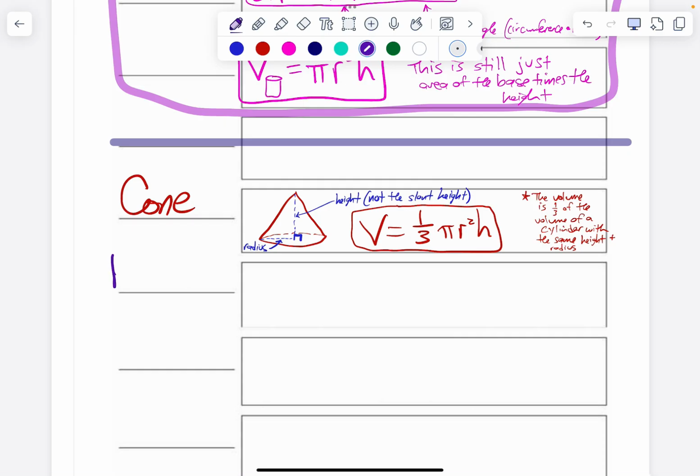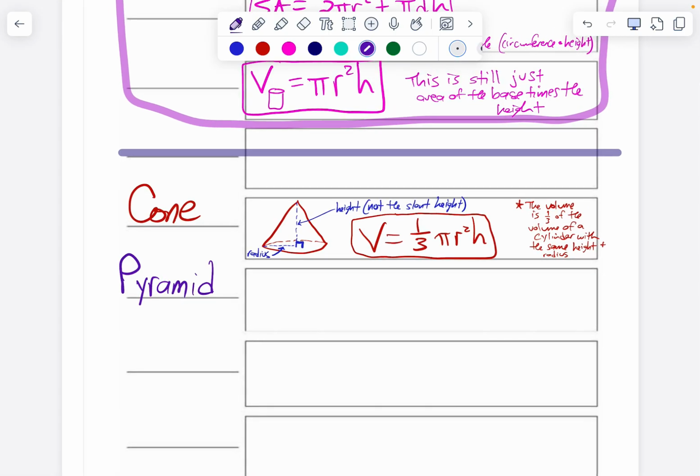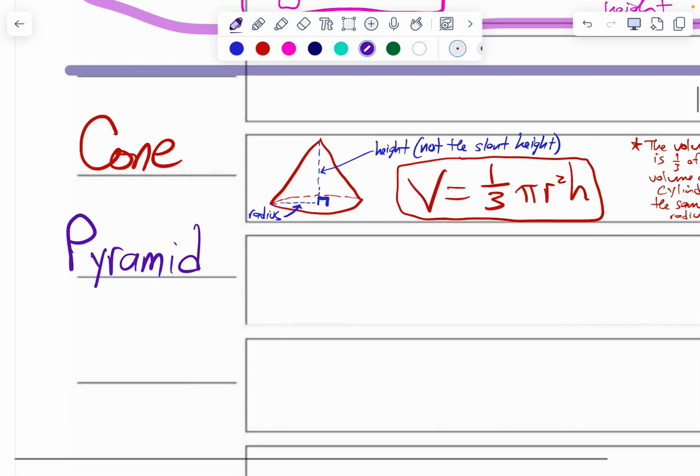All right, let's write pyramid. Okay, so the concept is the same for pyramid. The problem with it is that, like maybe you heard Kinsey saying, we may have a different base. So we can't just give you a single formula specific to everything. First thing, it depends on the base.